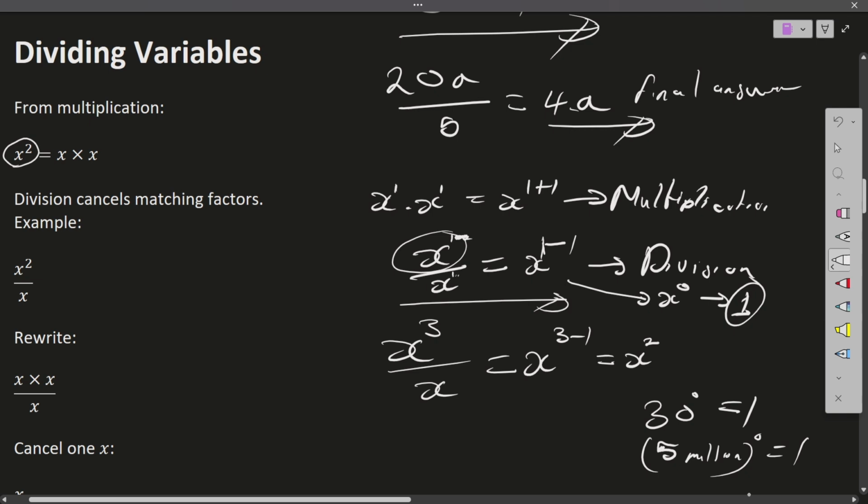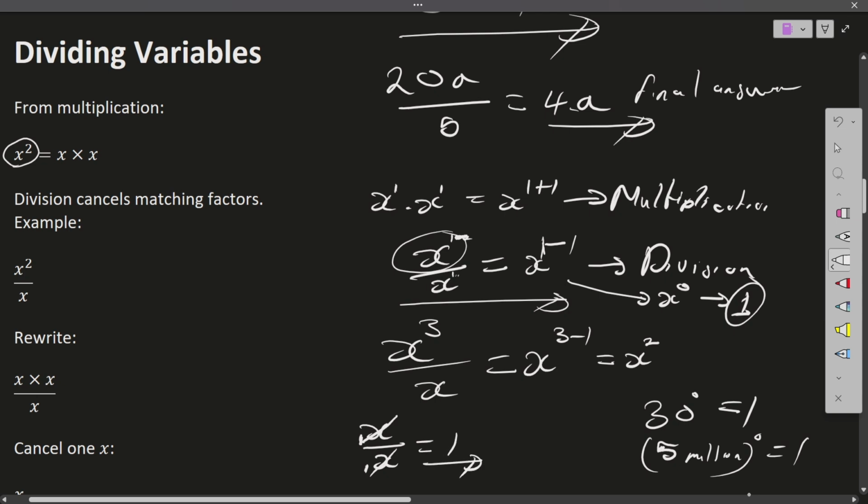Okay, so this is just saying if I have an x divided by an x, remember they have a coefficient of 1 each, right? And so now this is going to cancel and this is going to cancel, and 1 divided by 1 is 1.